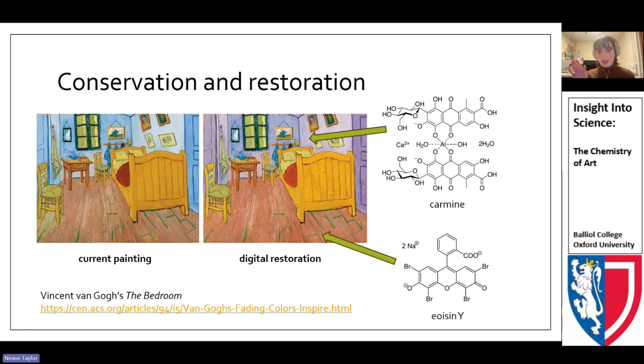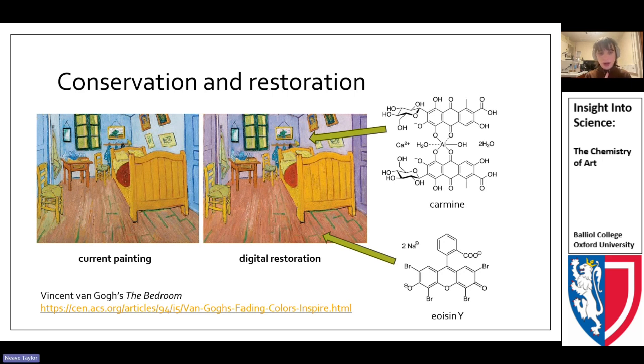This is what we ended with. What happened in between? So Van Gogh's paintings, because he gave so much detail, are actually being really helpful for chemists to understand these really slow reactions and how they progress over time, because they can see the decomposition products.